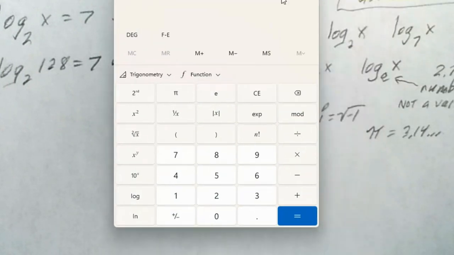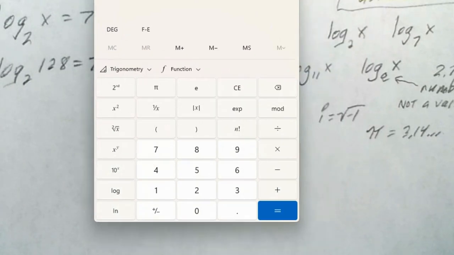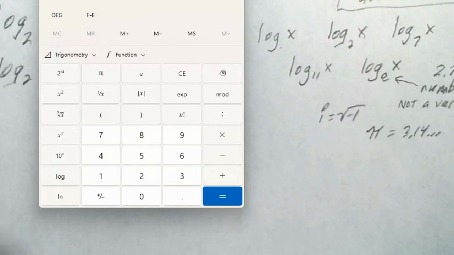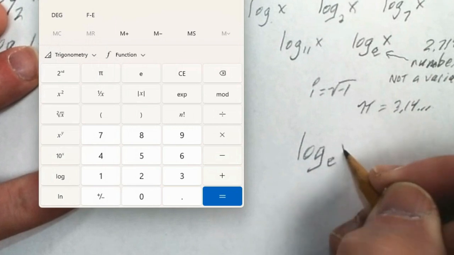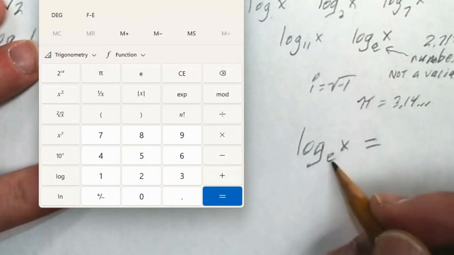So we can have a log base E because you can have any number you want as the base. However, log base E of X, we call this the natural log.